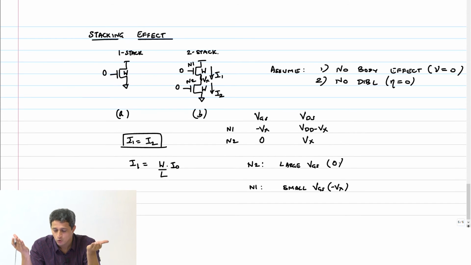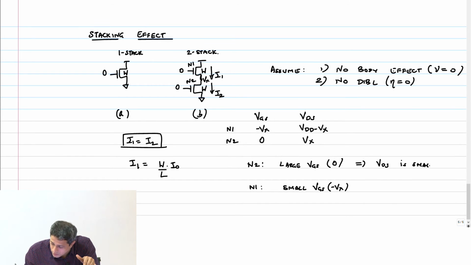How will N2's VDS be small? Vx is close to 0, so this implies VDS is small. Therefore, for N1, since VGS is small, this implies VDS is large.